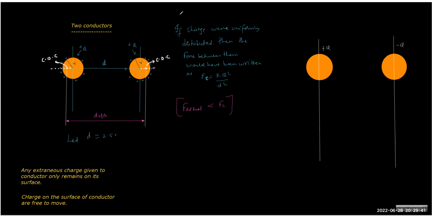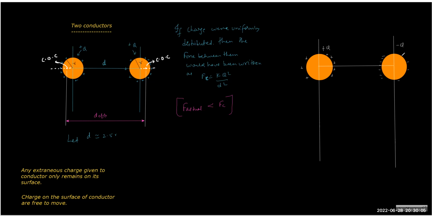Now, if you make one plus and the other negative, what will happen? The attraction will bring the charge closer, right? So more plus here and more negative there, and the effective distance will decrease.